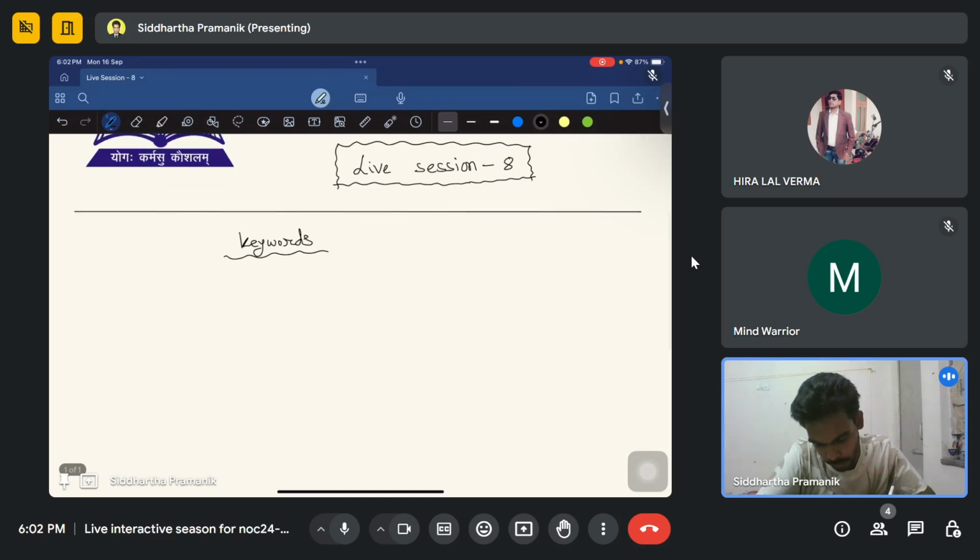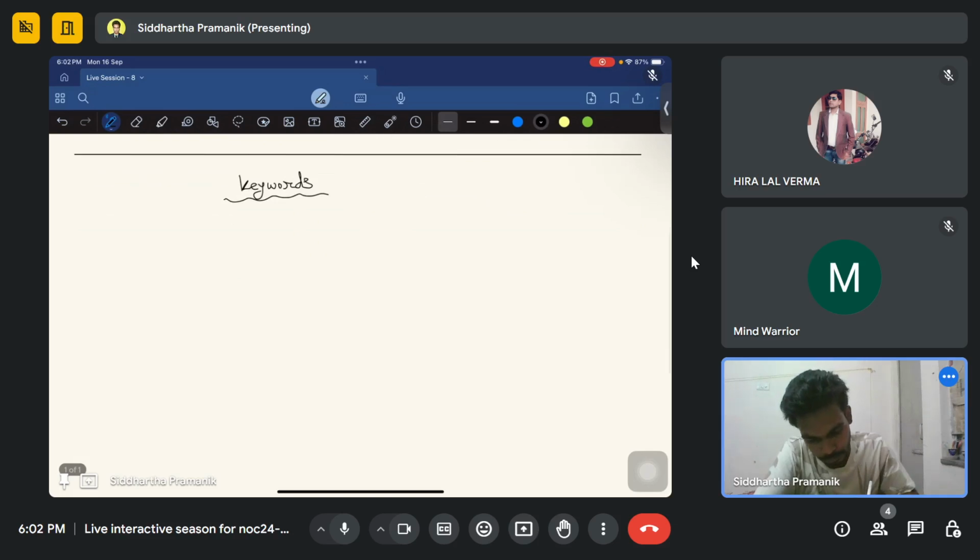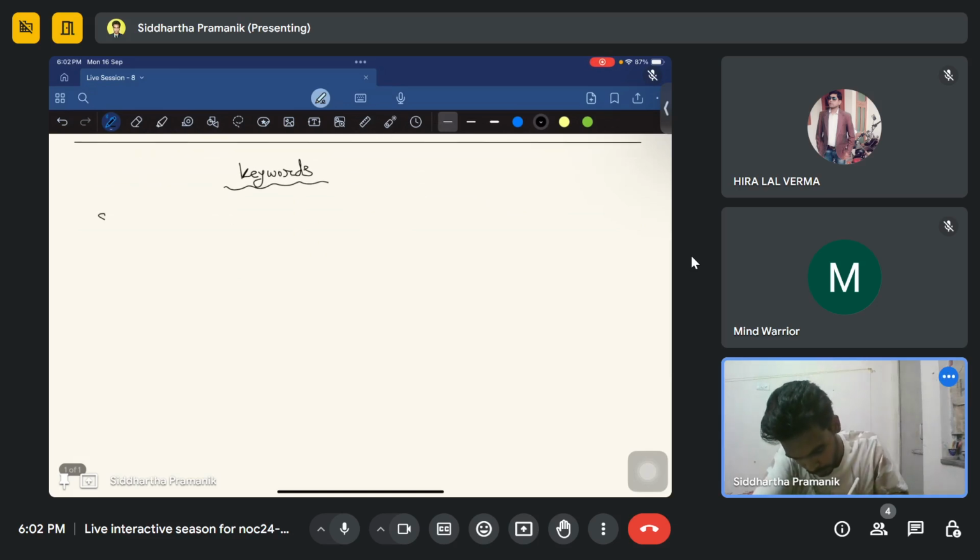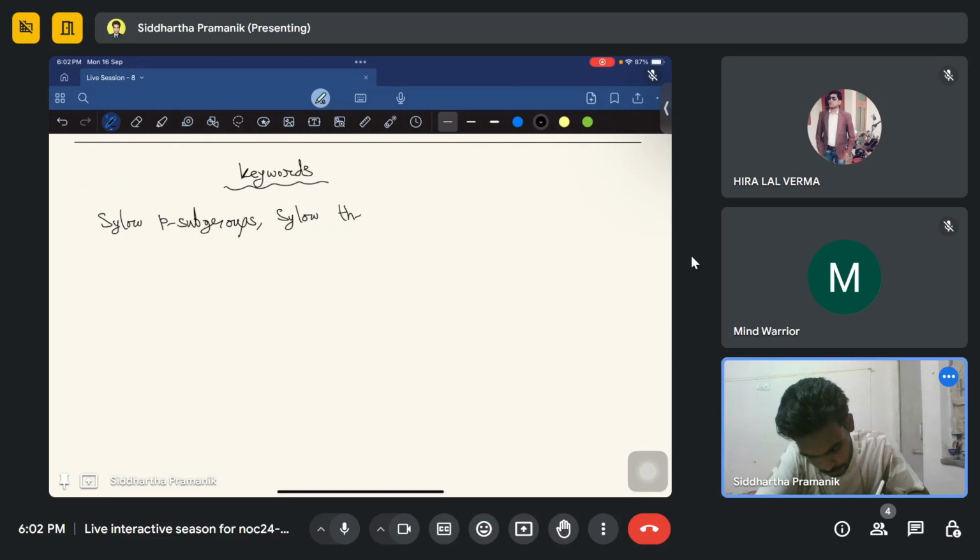Okay, in this week we have basically learned about the Sylow theorems and their applications. First of all, we have learned about Sylow P-subgroups, and then we saw three Sylow theorems, and then we have heard about one particular type of group named product group.